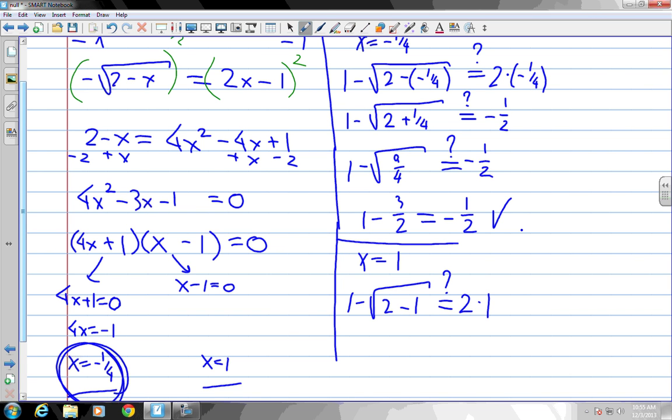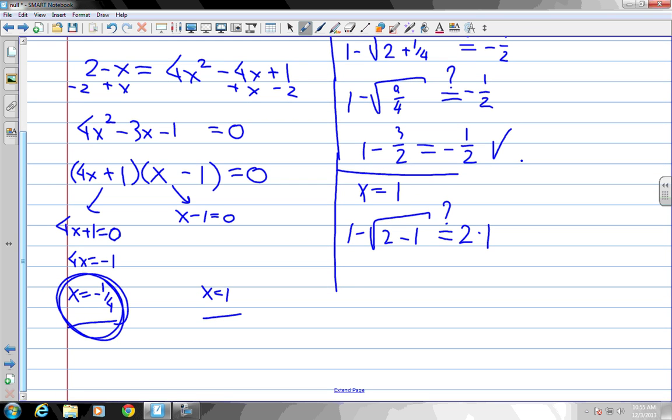You put 1 for every x, we end up with 1 minus the square root of 1. Will that equal 2? Right side is 2, while the left side, what is 1 minus square root of 1? 0. So we have 0 does not equal 2. Right? So that doesn't work. So x equals 1, that's the extraneous solution.